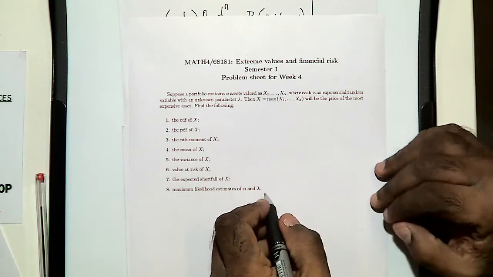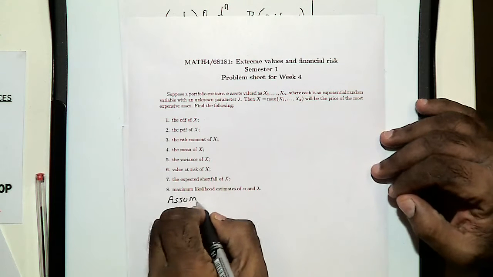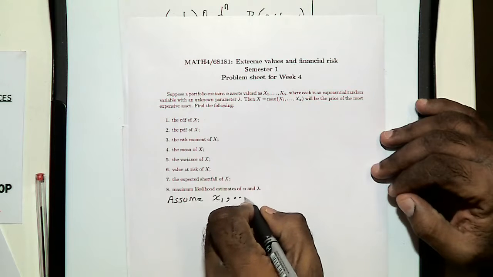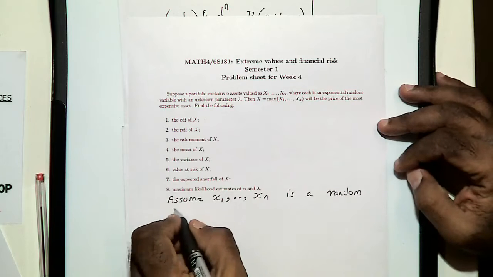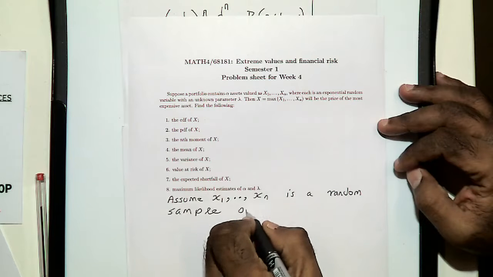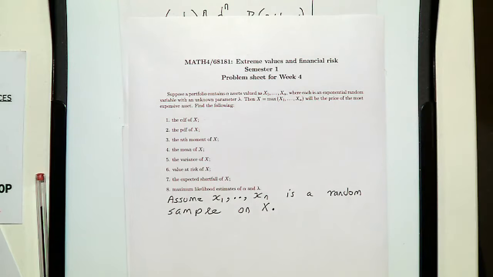To do this last part, just assume that you have a random sample little x1 to little xn on the variable capital X. Remember, capital X represents the value of the most expensive asset, and we are supposing that we have n data values on X. So the question is to find the MLE for alpha and beta.